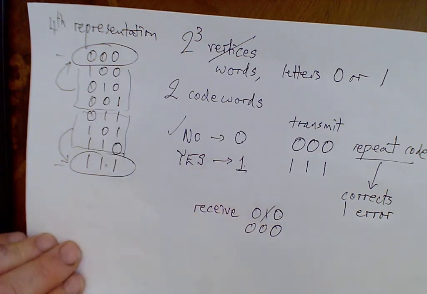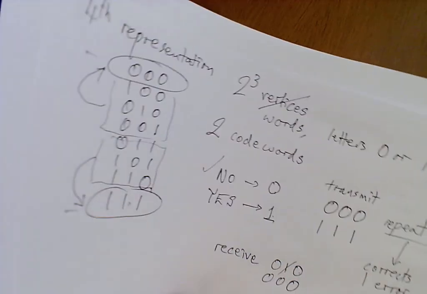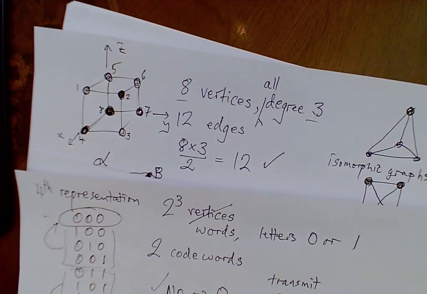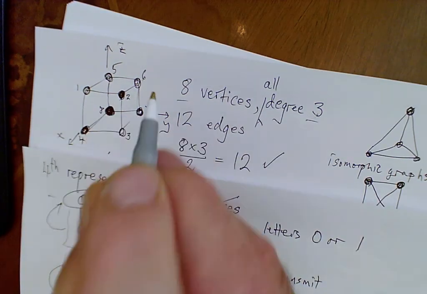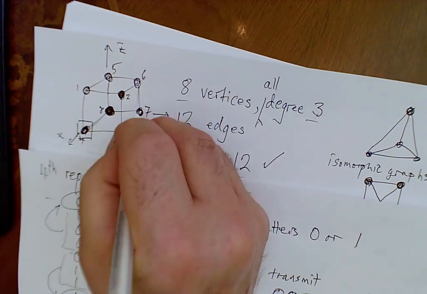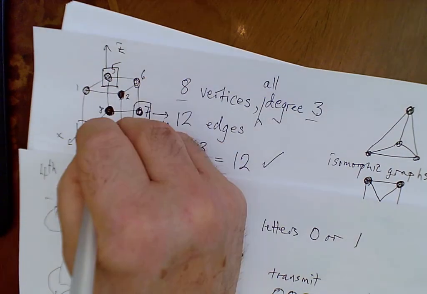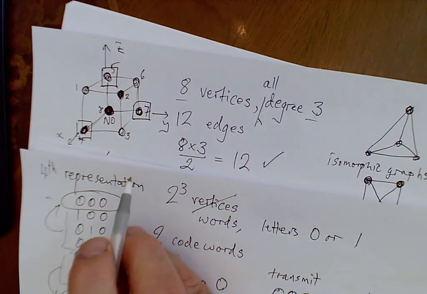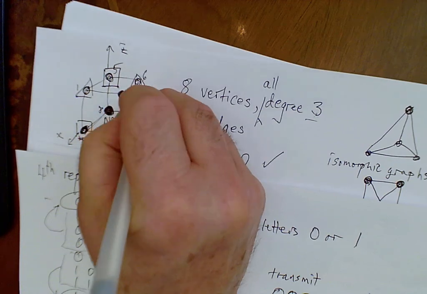Or you can, perhaps I shouldn't have removed the picture of the cube, which I've now lost, because in fact you can see that pictorially, because this origin here is one code word, and these three with a square around, these will be the words closest to that message. This was the no message, and the yes message corresponds to this vertex, and that will be closest to these three words.